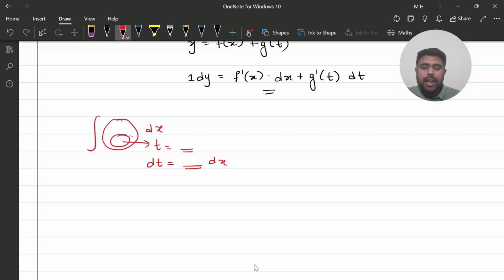So the differential that we get, this would be the remaining part into dx, and this one would be dt.